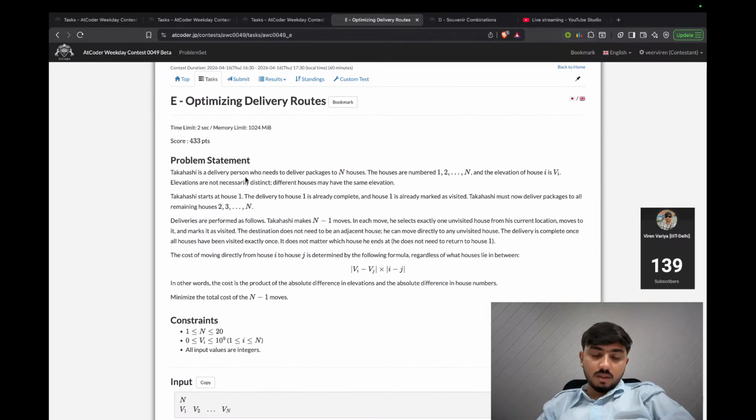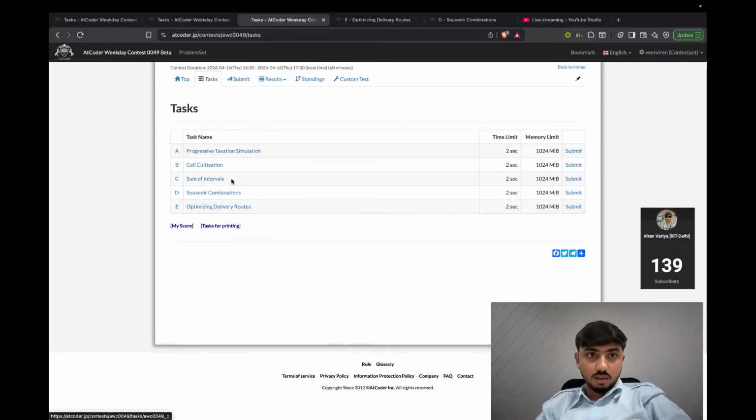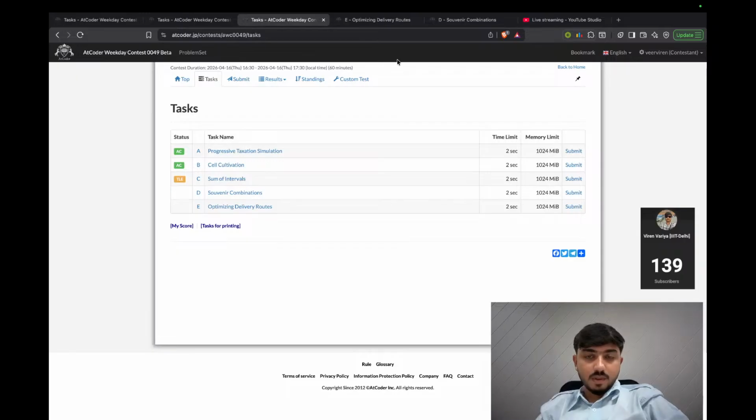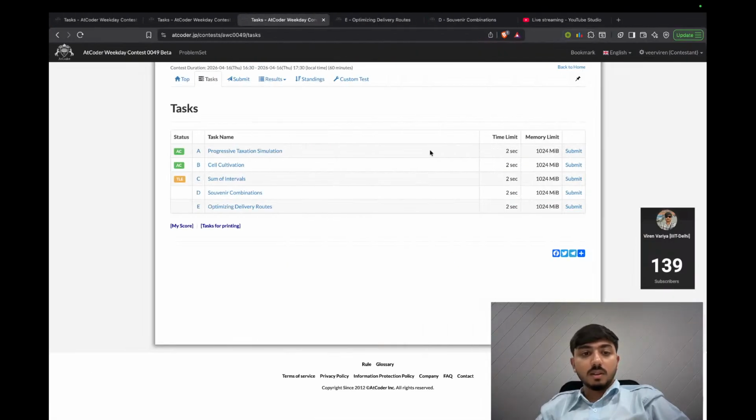I want to see the solution of C, and I will think about and upsolve D and E later. But for now I want to see how we can solve C. Now we can try. We are not submitting C, right?